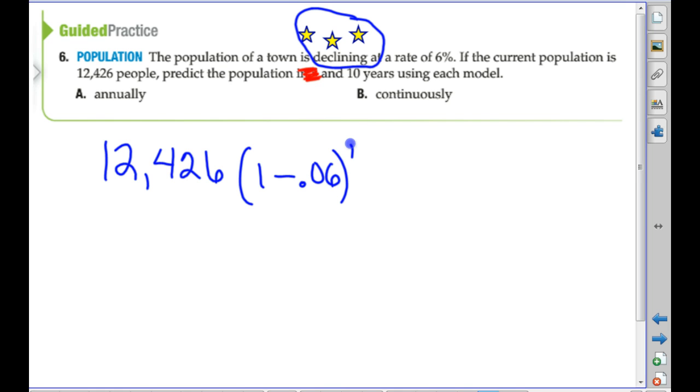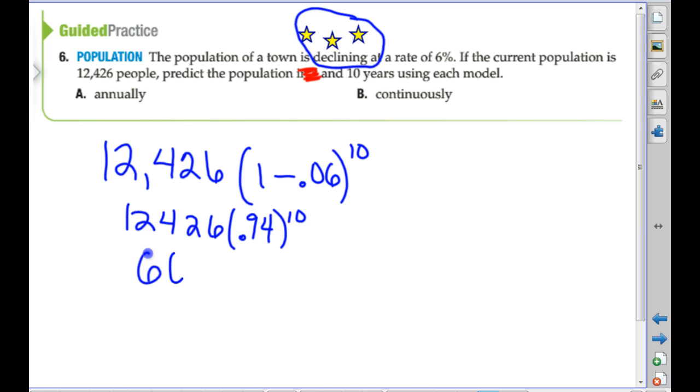We're going to do 10 years. So type that in and see what you get. I could also have used what instead of 1 minus 0.06? No, I could have used 0.94, right? 1 minus 0.06 is 0.94.